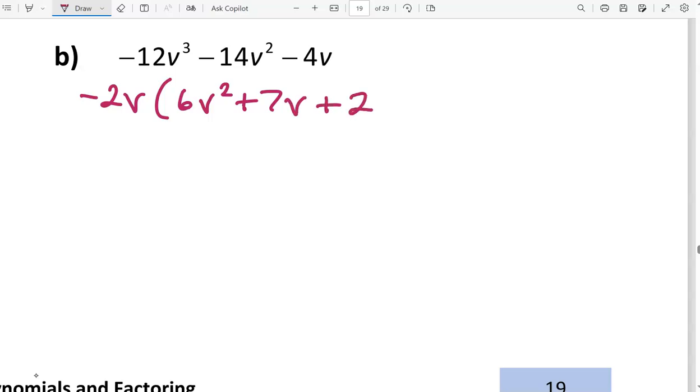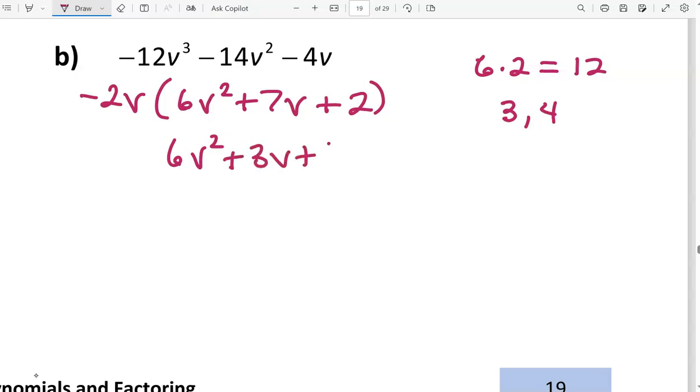plus 2. And the remaining trinomial has an a of 6, b of 7, and c of 2. So a times c is 6 times 2, or 12. Pairs of factors that add up to 7 are 3 and 4. So split the middle term, 6v squared plus 3v plus 4v plus 2.